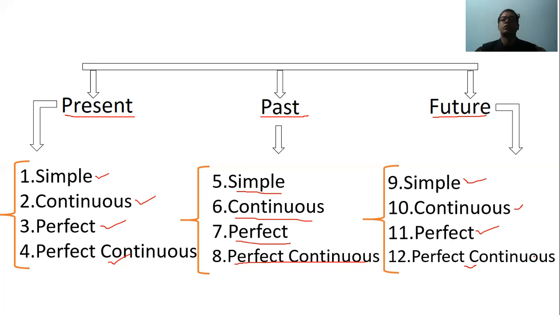So we see here every main tense has 4 kinds: simple, continuous, perfect, perfect continuous. Dear learners, let's go for the next part.